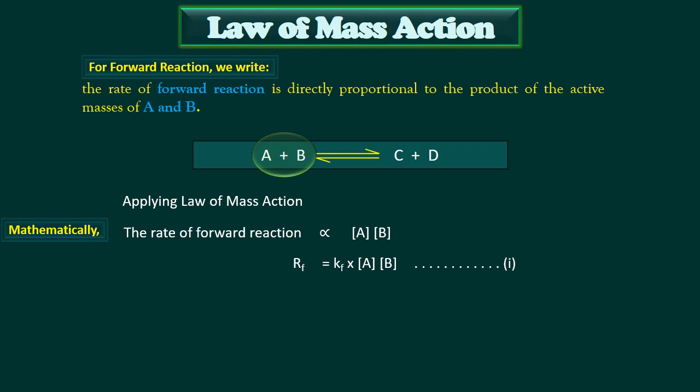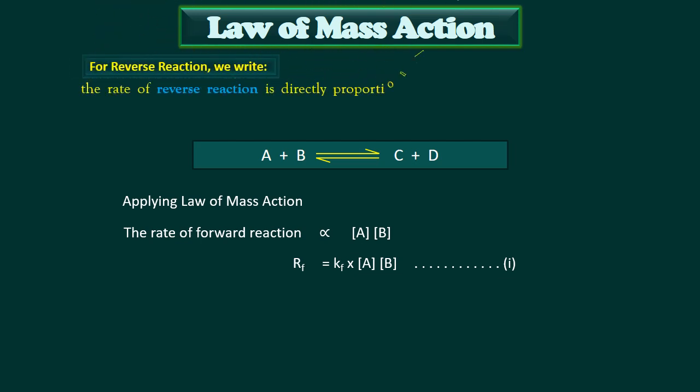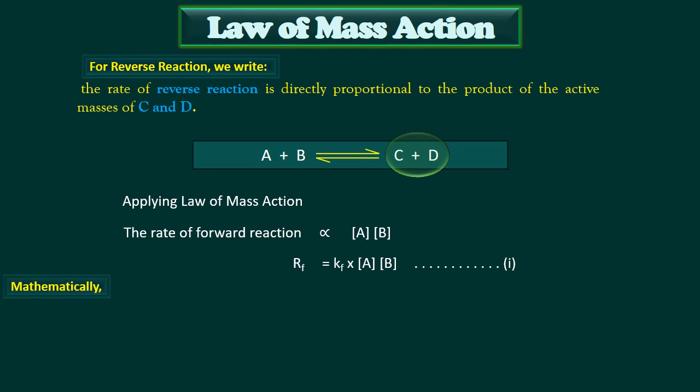Now focus on the law again. For the reverse reaction we write: the rate of reverse reaction is directly proportional to the product of the active masses of C and D, as C and D are the reactants or the reacting substances of the reverse reaction. Mathematically, we write it like this.